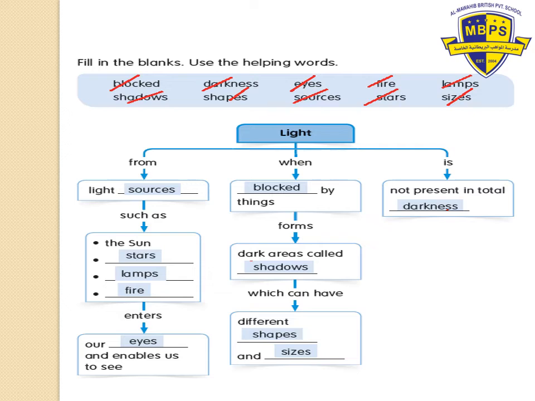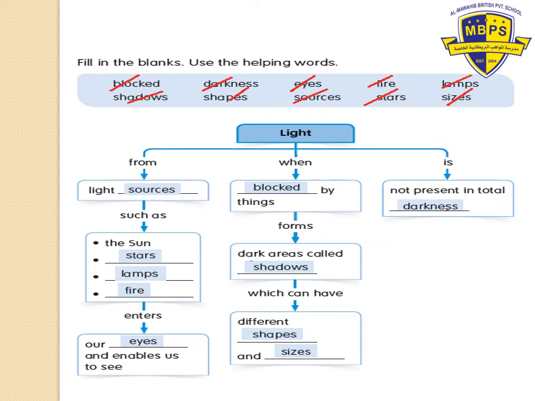Now I will read all of them together. Light from the light sources, such as the sun, star, lamps, fire. They enter where? They enter our eyes. Then we discuss the shadows. Light when blocked by things makes dark areas.